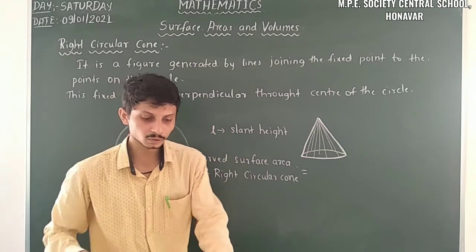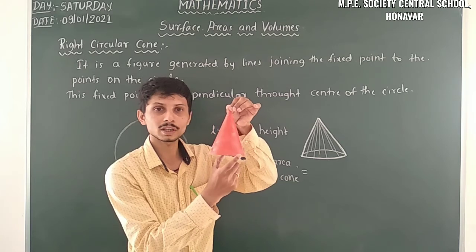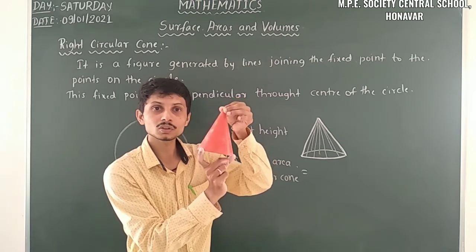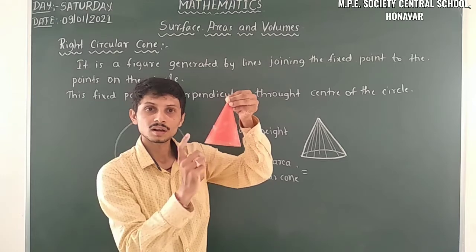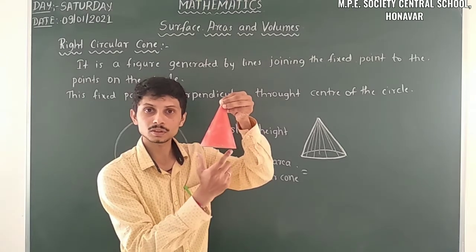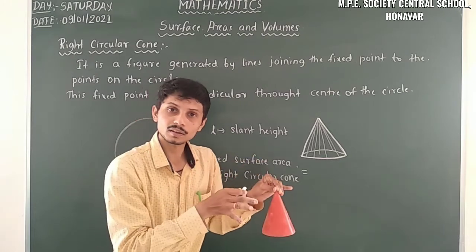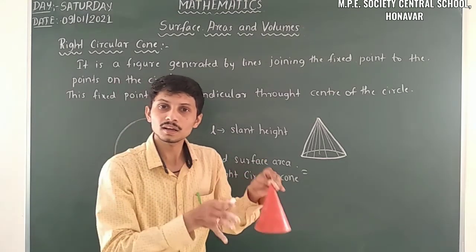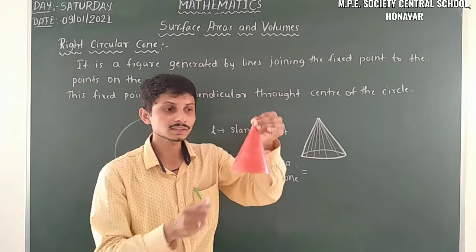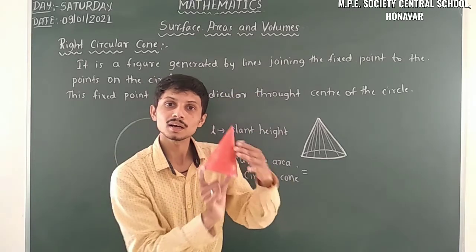When we rotate this cone and all the sides, it covers the circumference of the circle. So when we connect the curved surface area of the right circular cone with the area of the triangle, from one point of view we can observe this part as a triangle.